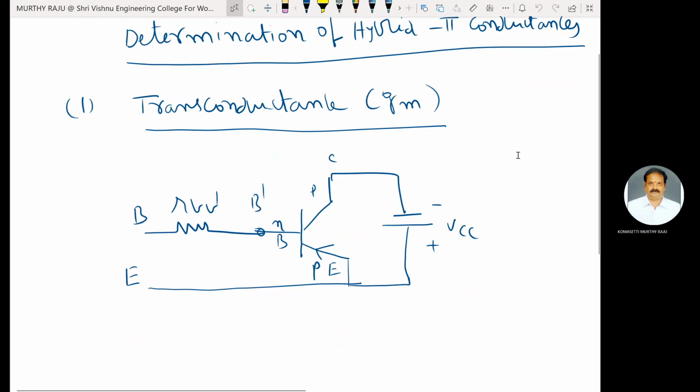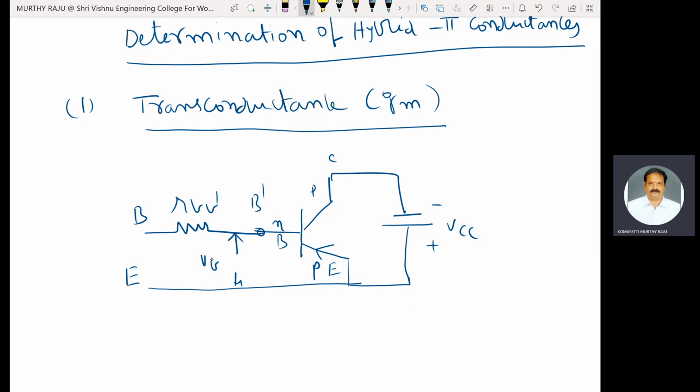Transconductance. Suppose a small voltage here. This one is VB dash E, and this one is VE.